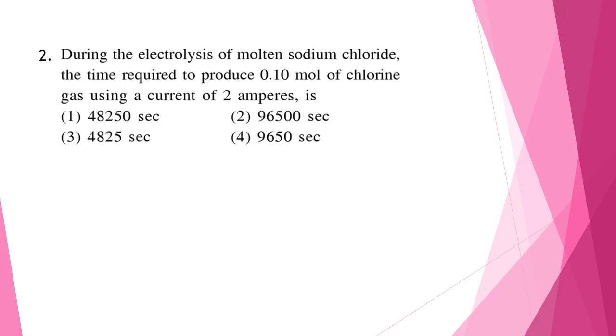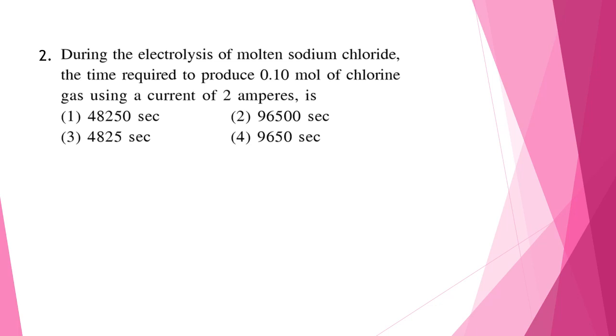Question 2. During the electrolysis of molten sodium chloride, the time required to produce 0.1 mole of chlorine gas using a current of 2 amperes is. Now first, as you know, in the formula we require the weight. So we'll convert 0.1 mole of chlorine to weight.